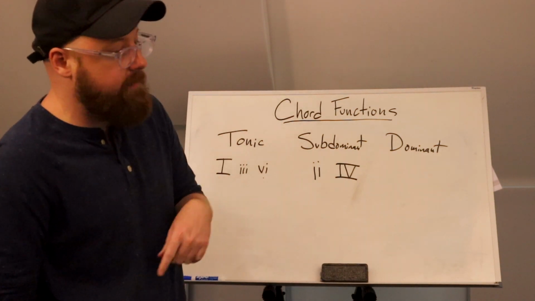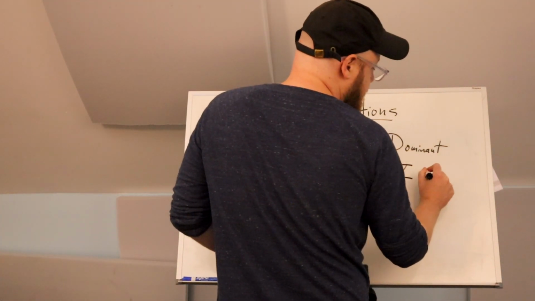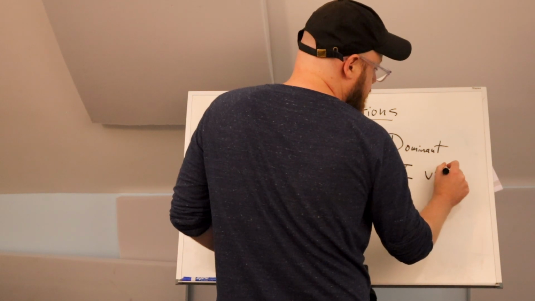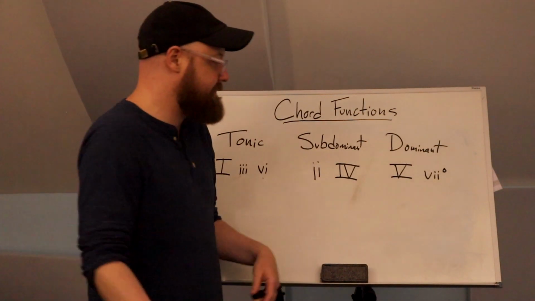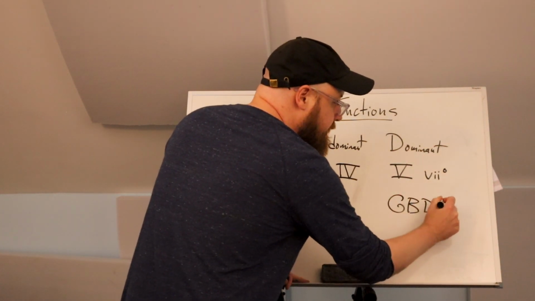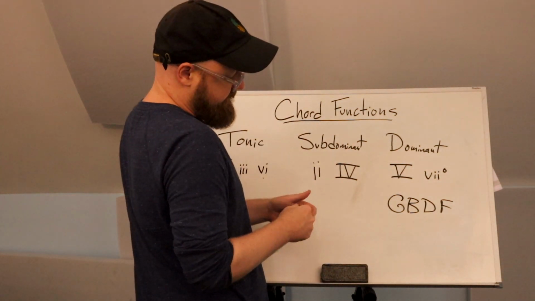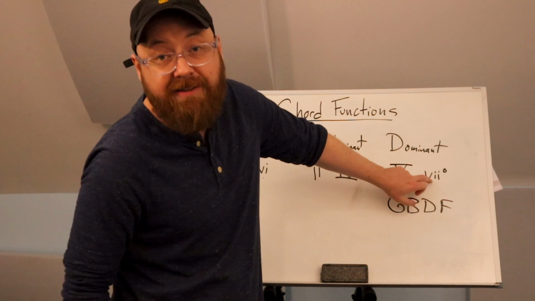Last category, dominant chords, are the 5 and the 7 diminished chord. Yeah, and just for thoroughness, 5 chord is G, B, D. We'll throw an F on there for 5, 7, you know, and then we hide the G, and look at that, B, D, F, that's the 7 diminished.